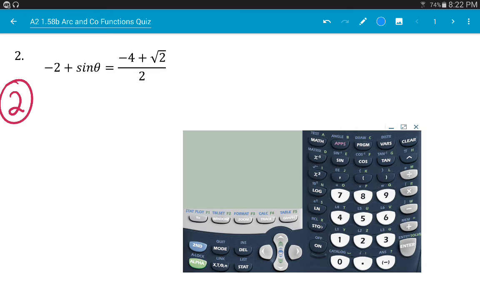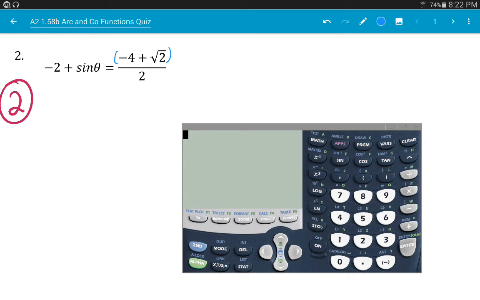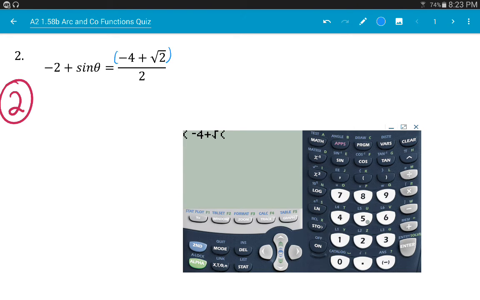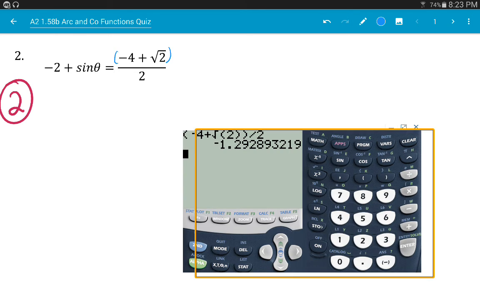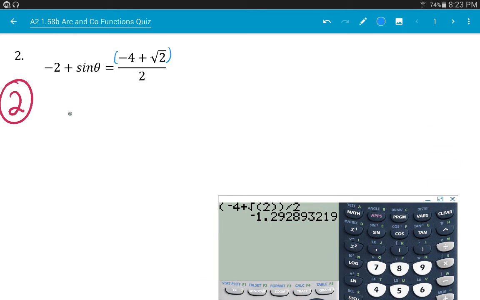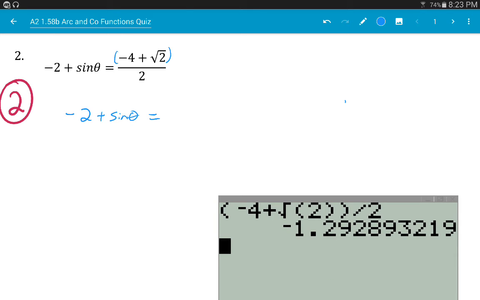When I type this in, I'm going to want to put parentheses around the numerator, just to keep everything together. So this is -4 plus the square root of 2 divided by 2. So that's -1.29, etc. So here's what I've got. I've got -2 plus sine theta is equal to -1.293.